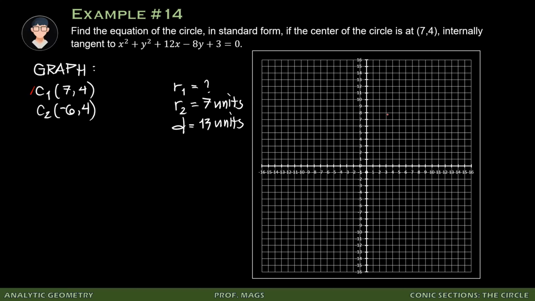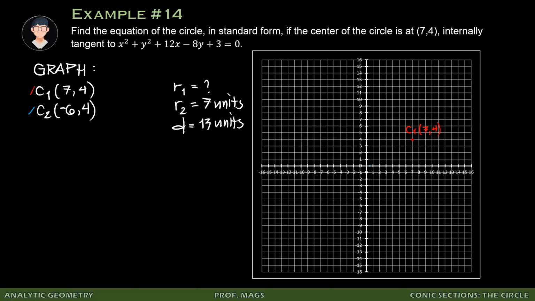Ito munang C sub 1 ang ating ipa-plot. Bilang ka from the origin. So, 7 muna. 1, 2, 3, 4, 5, 6, 7. Then, upward naman 4. 1, 2, 3, 4. So, we got C sub 1 is 7 and 4. Okay? The next step naman, C sub 2 naman.